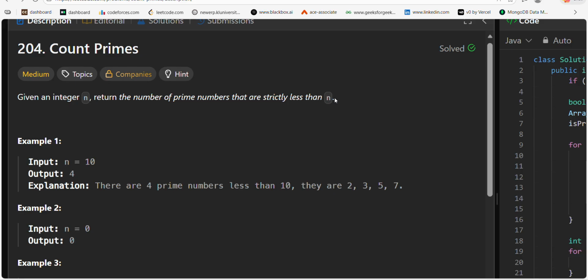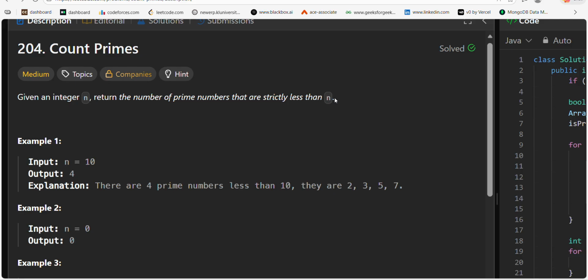It is divisible only by itself and 1. We are not counting 1. Any number which is divisible by any other number does not come under prime numbers.